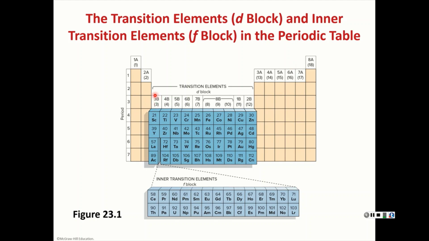And then the transition elements start here at 3B. So you go 1A, 2A, 3B, which is fine, right? But if you go all the way up to 7B and then to 8B, all of a sudden 8B is three columns. That's kind of weird. And then the last two columns in the transition metals are 1B and 2B. So using the old way of naming families gets very confusing for transition elements.